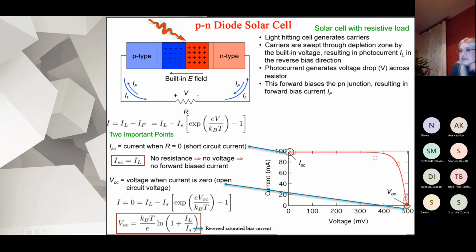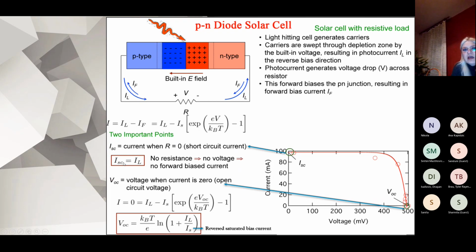And here we said that we have a short circuit current, and this is the maximum value of the current we can have, for zero voltage. If you look at this equation, if we put the voltage as zero, we can calculate the maximum current: we get the exponent of zero, which is 1, and 1 minus 1 is 0.